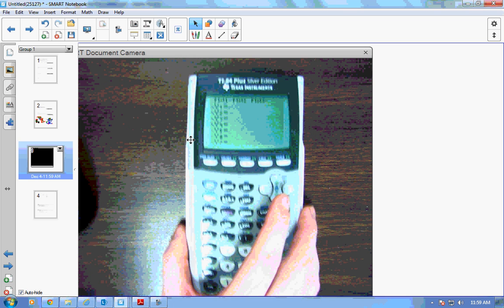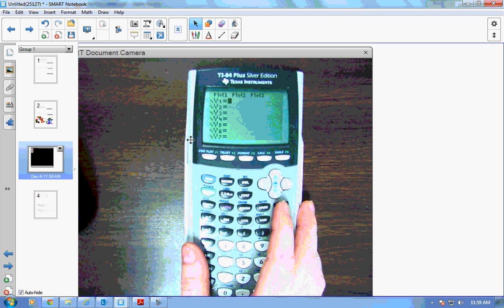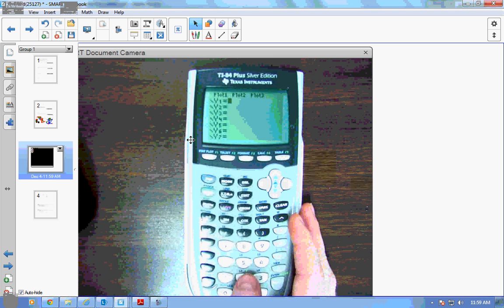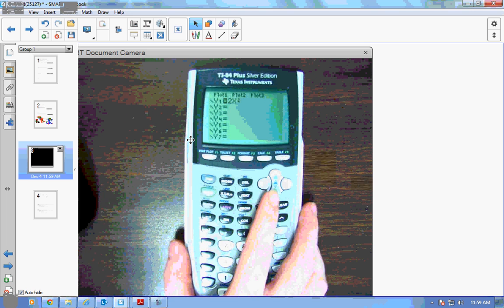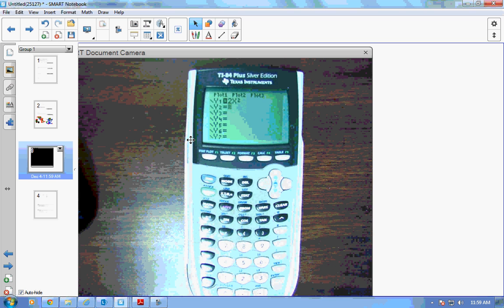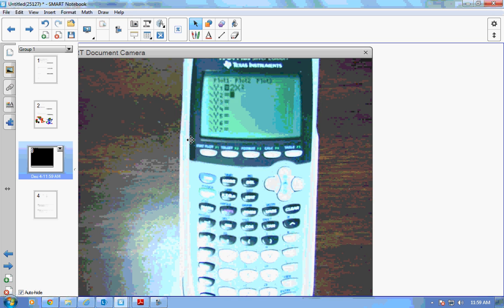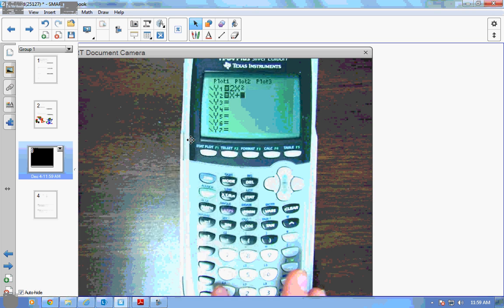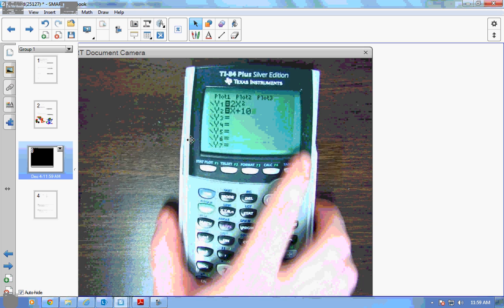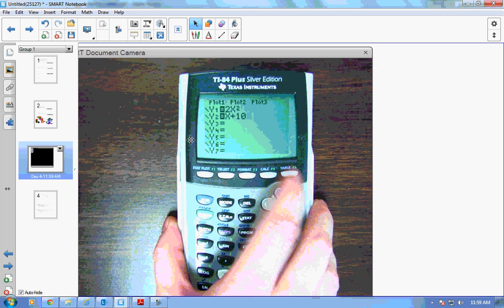Y equals. What's the f function? 2x squared. And then we have a second function, so we arrow down. What is the g function? X plus 10. Everyone should be doing this. Okay, if your window's good, you should be able to see it. Let's hit graph.